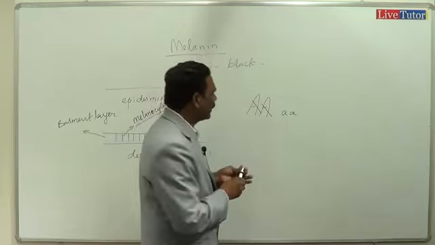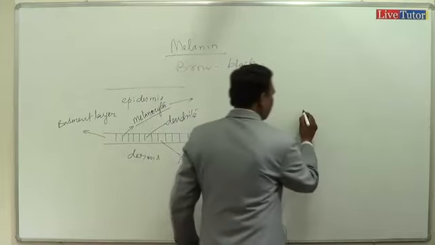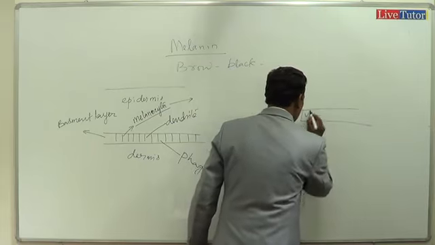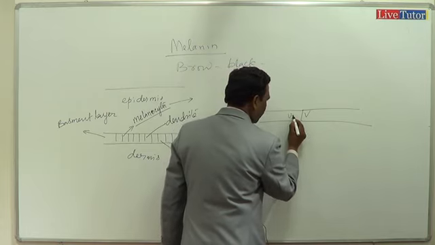So the ultraviolet radiation is near to the violet. The visible radiation is violet. Then this is ultraviolet.